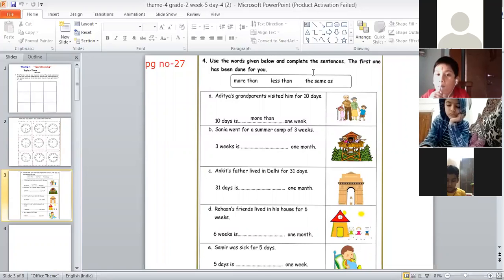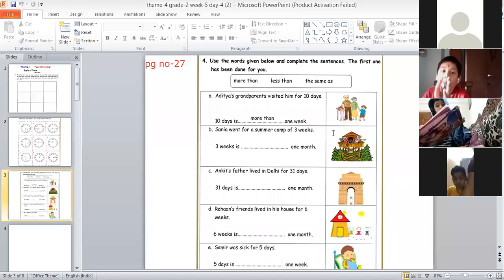Okay. Now, who can tell me how many weeks are there in 1 month? Yes, Devansh. 4 weeks in 1 month? 4.